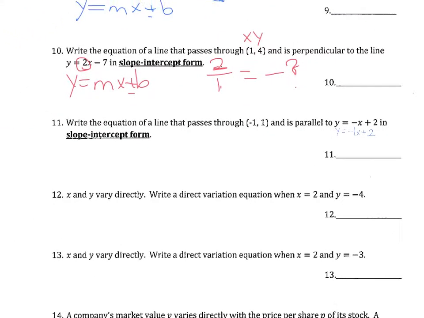So again, you're just thinking, my equation is y equals mx plus or minus b. All right, so again, we need the b. You've got the x, you've got the y. We know what the slope is because we're going to steal it from this line over here. Plug all three of those in here, figure out your b, and then rewrite it. So it's y equals something x plus or minus something.